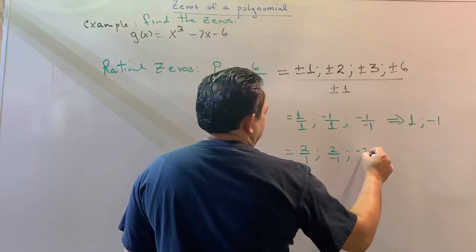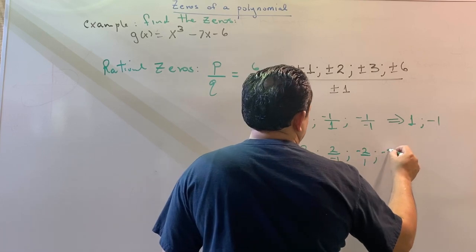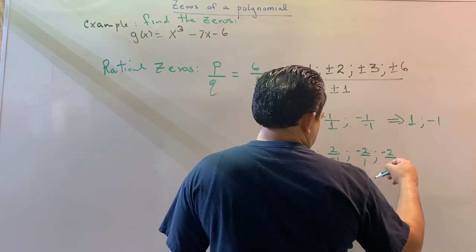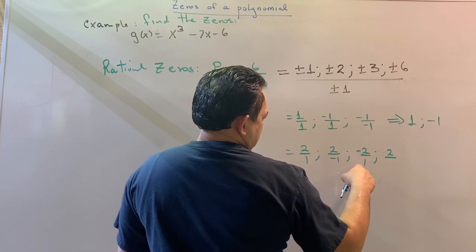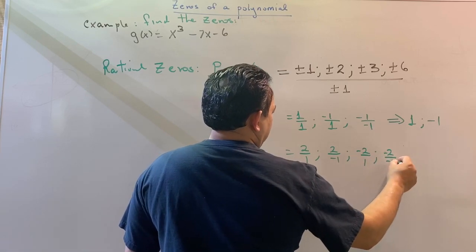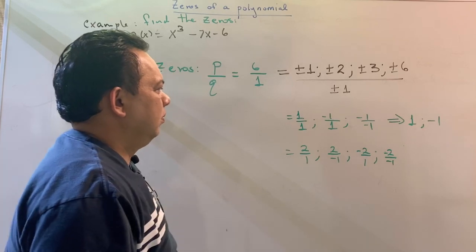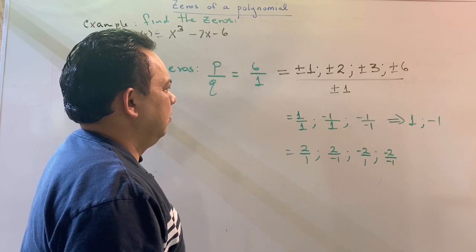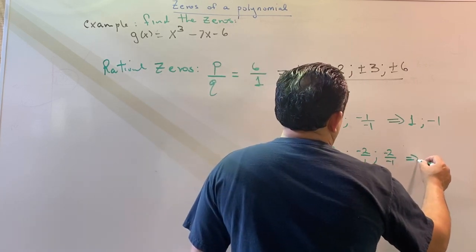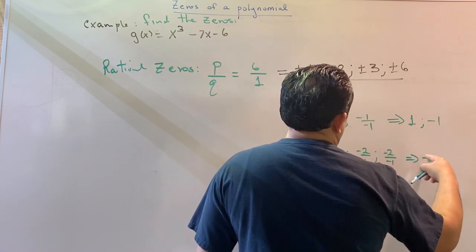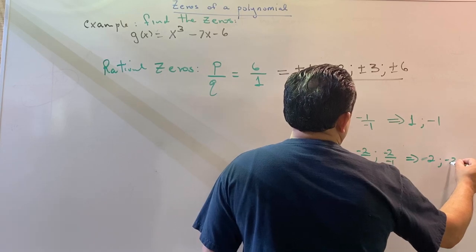Or we have a negative 2 over 1, or a negative 2 over a negative 1. So once again, the outcomes here are -2 or +2.